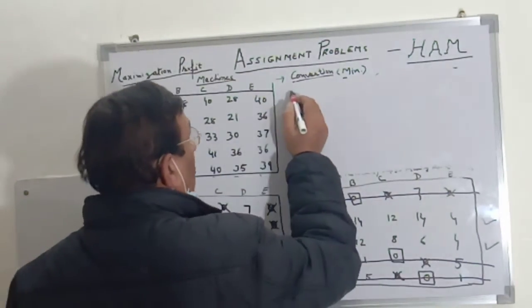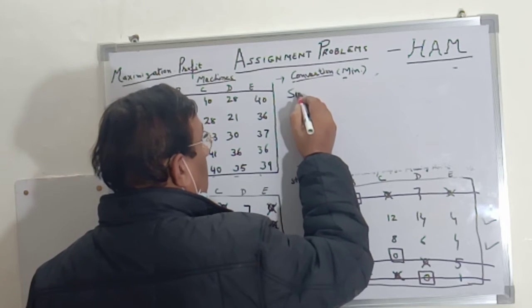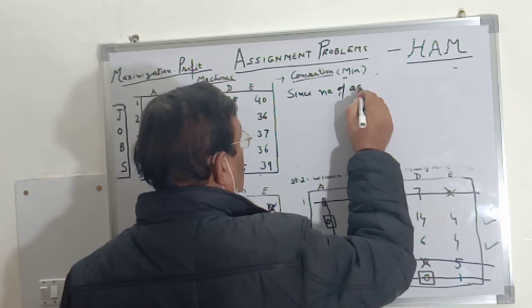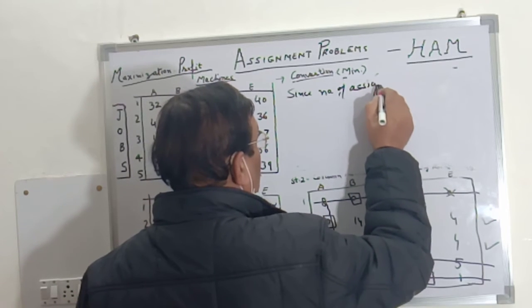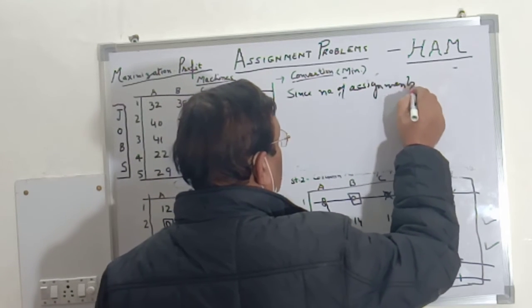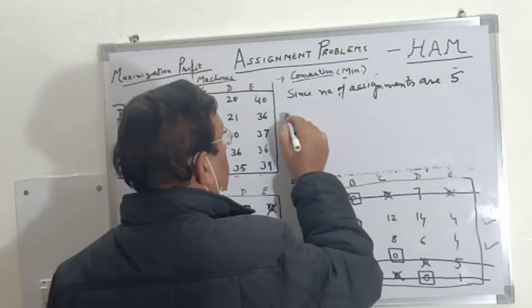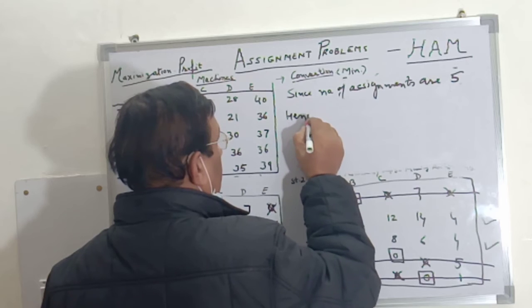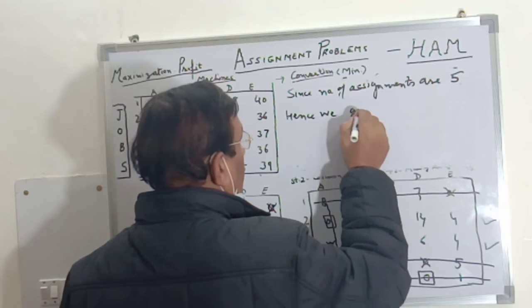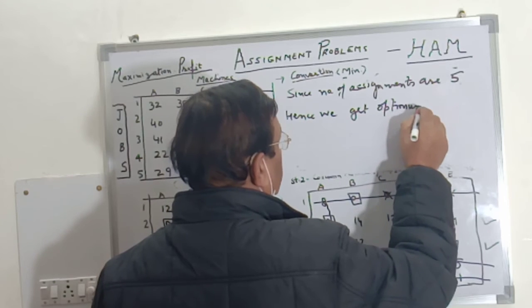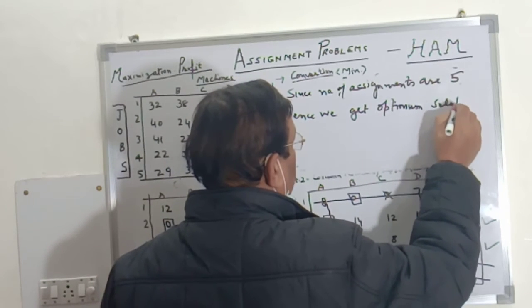So you can write like this: since the number of assignments is 5, hence we get the optimum solution.